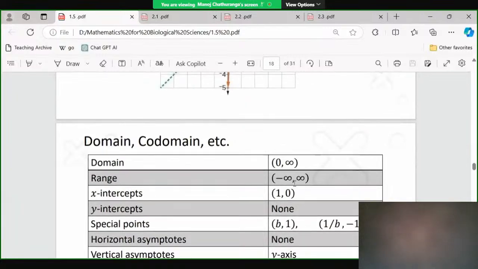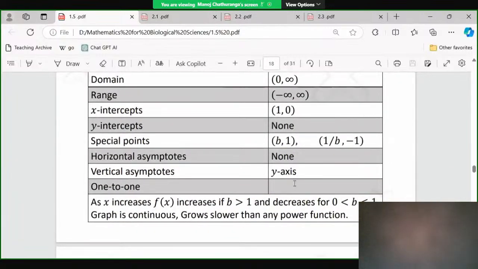And also, we talked about these special points of the exponential graph. For b to the power x, when x equals 1, b to the power 1 equals b. So you have the point (1, b) on the graph of the exponential function. And that reflects on the logarithm graph as the point (b, 1). No horizontal asymptotes, but the y-axis is a vertical asymptote.